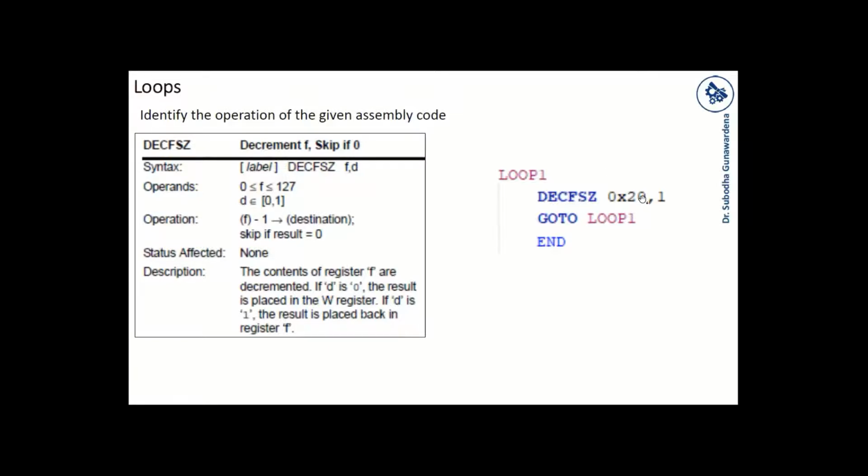If the result is 0 from the decrement, we will skip this step and go to end. If the result is non-zero, we will continue. That means go to loop 1, coming here, and again doing the decrement. And if the result is non-zero, again going here and coming back, right? So I will be giving you one example here.